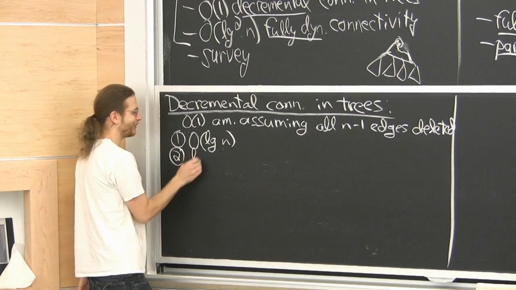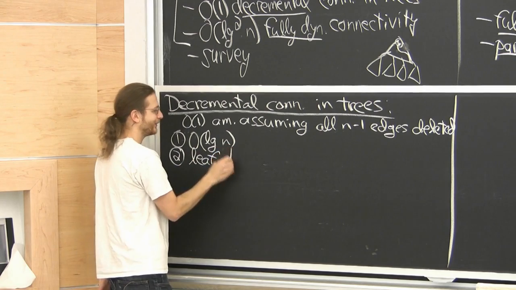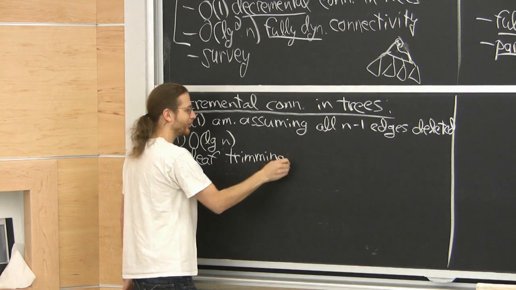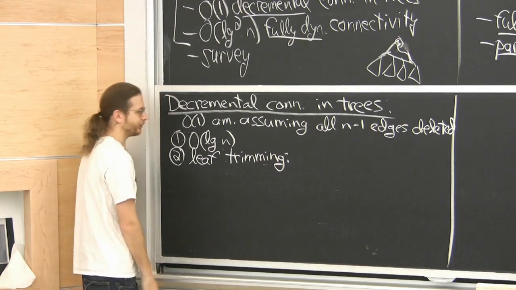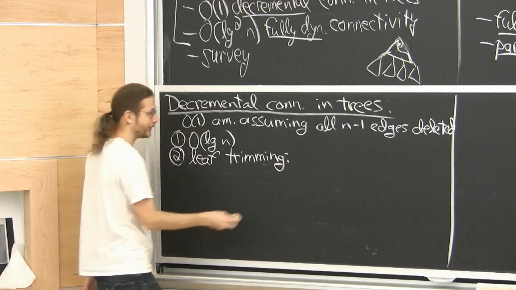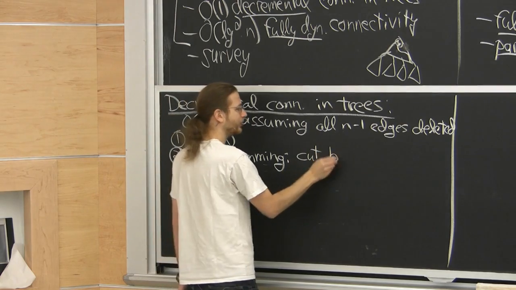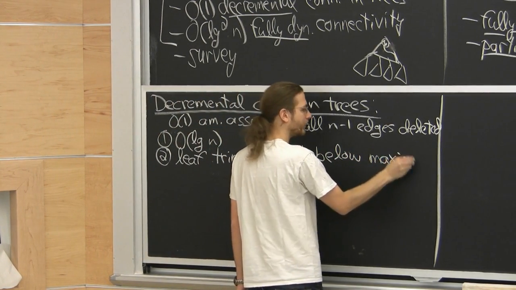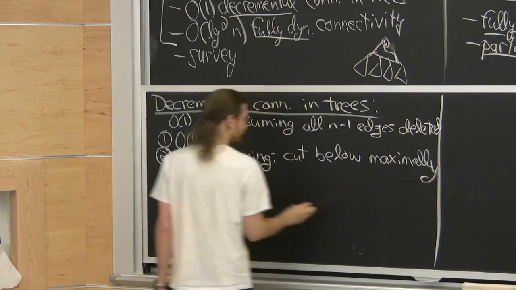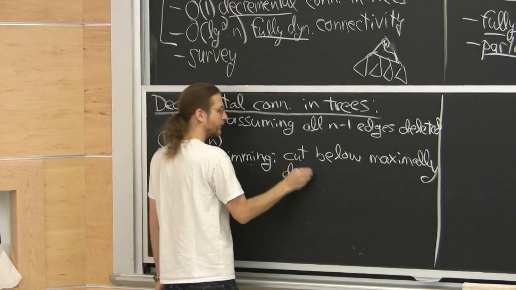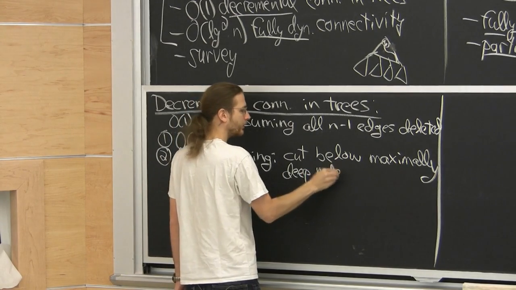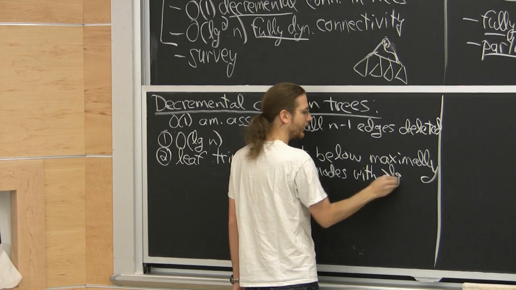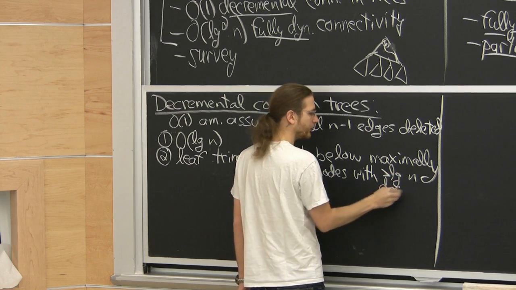Leaf pruning, leaf trimming, yep, whatever you want to call it. Should call it, I don't know, the Edward Scissorhands approach or something. So leaf trimming. What I want to do is cut below maximally deep nodes that have greater than log n descendants.